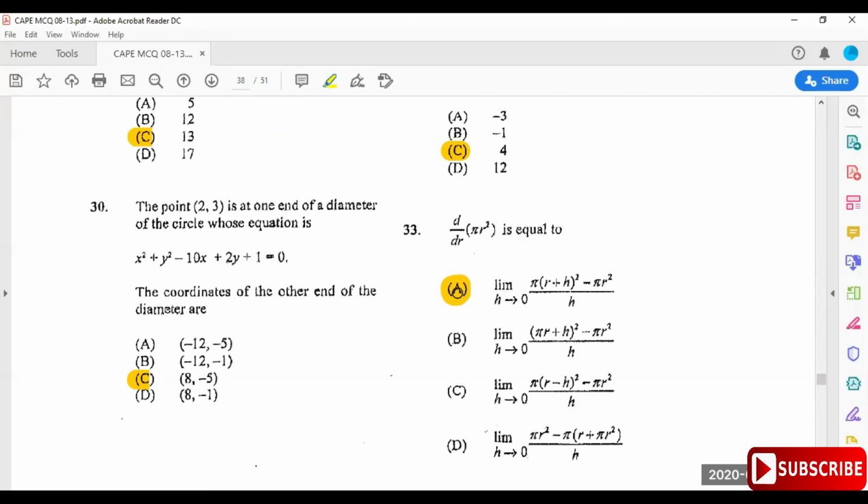F of x is pi r squared, right? So F of r is pi r squared.